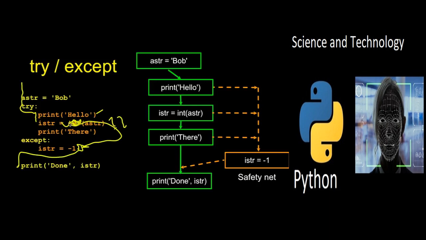What it doesn't do is somehow go back and finish this. So these lines are gone. So if you look at it like this works. The try starts, hello, this blows up, it goes to the except, it runs the except, and it continues on. Never runs that code. So it's not like you took out an insurance on the whole block.